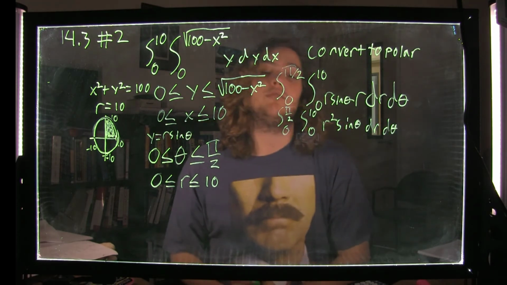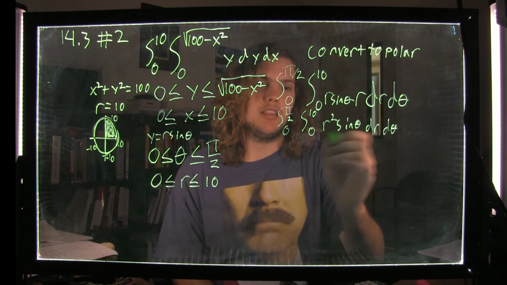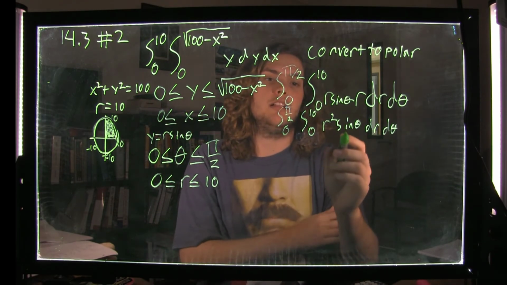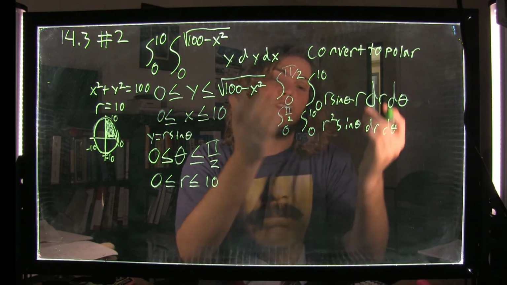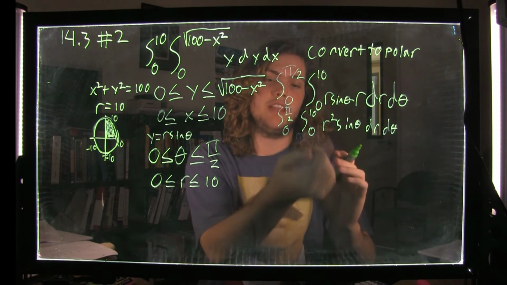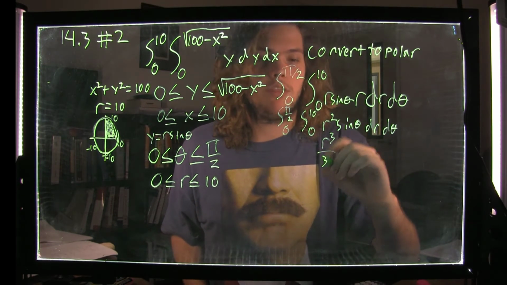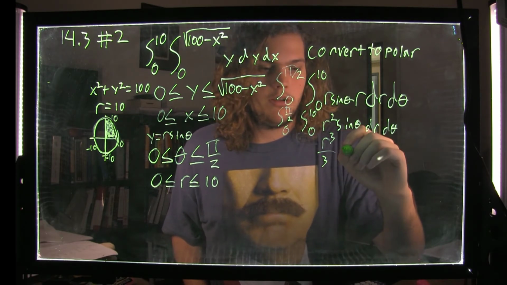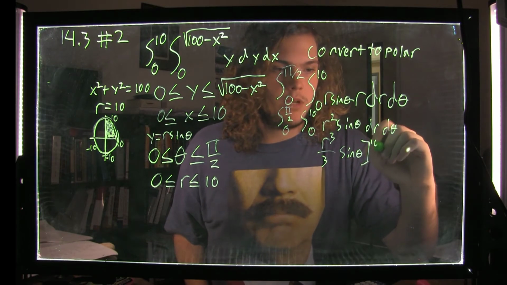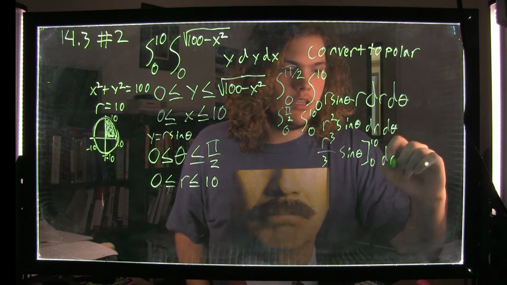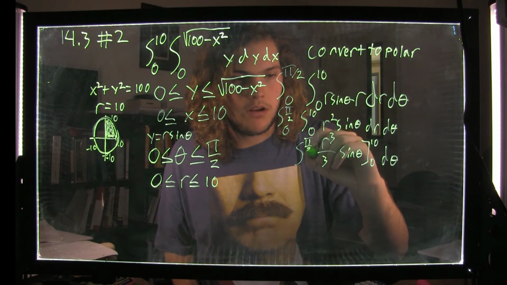Now we can take this integral really nicely and really easily. You might want to jump straight to making this negative cosine theta, but remember, we're in dr, so we have to integrate with respect to r. So it's going to be r cubed over 3 times sine theta, evaluated from 0 to 10, d theta, and then we have our integral from 0 to pi over 2.